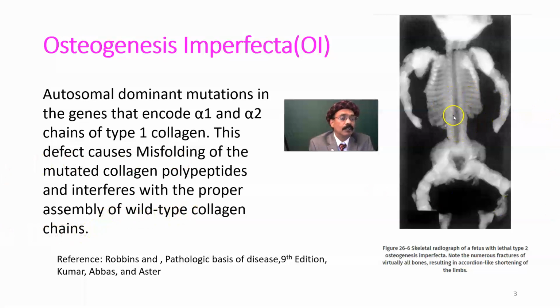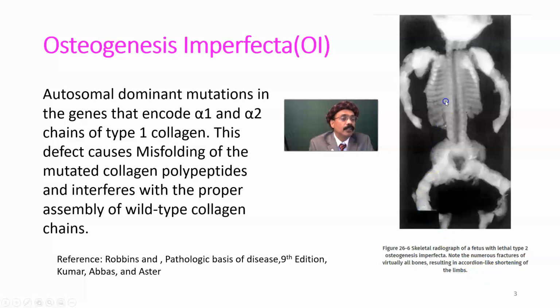This is an X-ray of a fetus, and there are a lot of fractures: rib fractures, limb fractures. This is a skeletal radiograph of a fetus with lethal type 2 osteogenesis imperfecta. There are numerous fractures of virtually all bones, resulting in accordion-like shortening of the limbs.